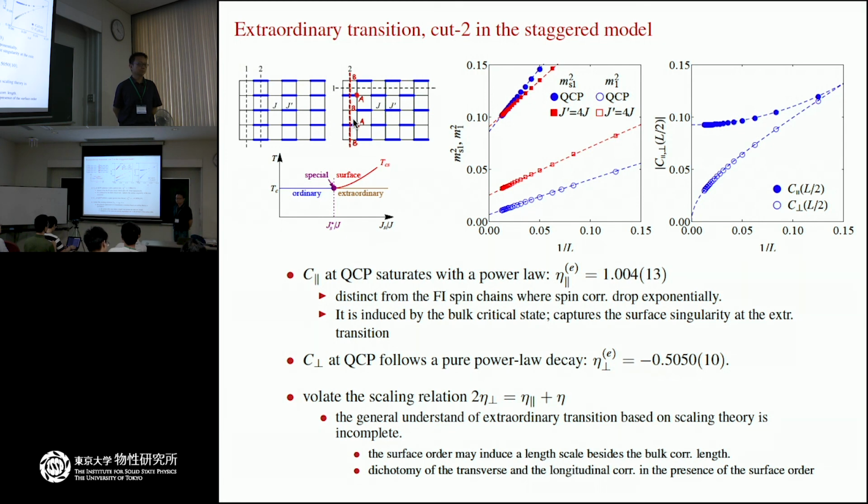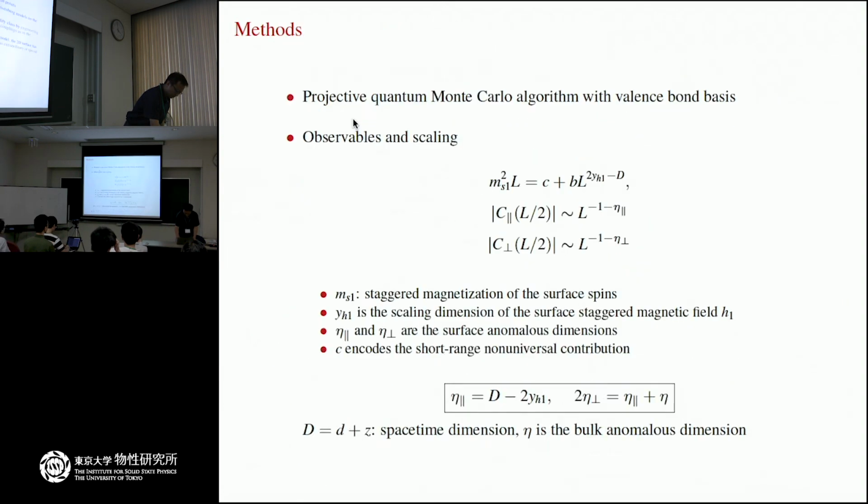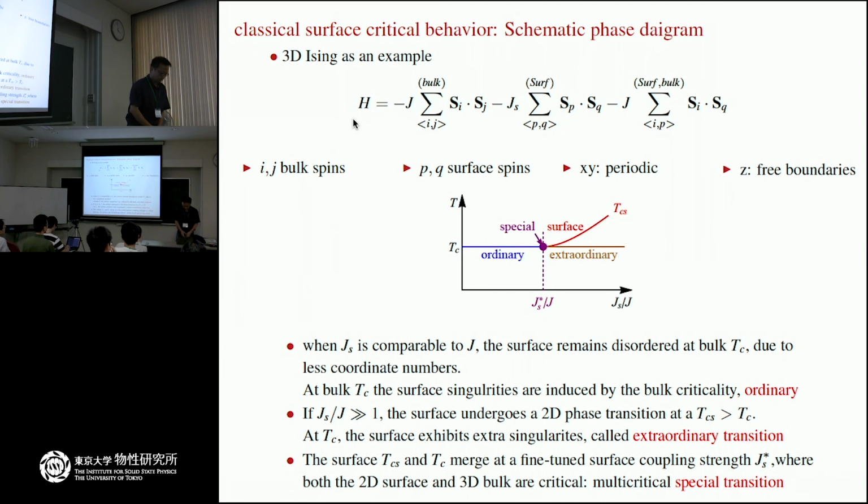So it's okay for the ordinary transition, but in the case of the extraordinary transition, the vertical axis corresponds to the control parameter in the quantum system, so we should expect three different phases: the paramagnetic phase, the intermediate phase where the surface is already ordered but the bulk hasn't been ordered yet, and the third phase where both are ordered. So we should expect three different quantum phases.